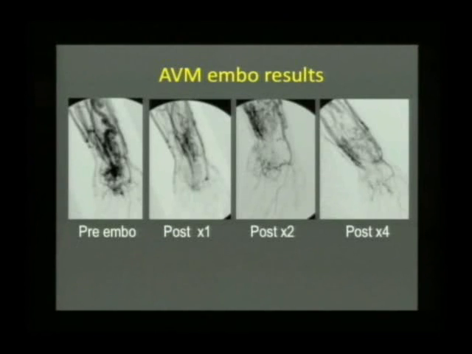We have not finished the treatment in this patient, so I thought it was quite good to show what we can achieve by a combination of transarterial glue and percutaneous nidal alcohol injections.